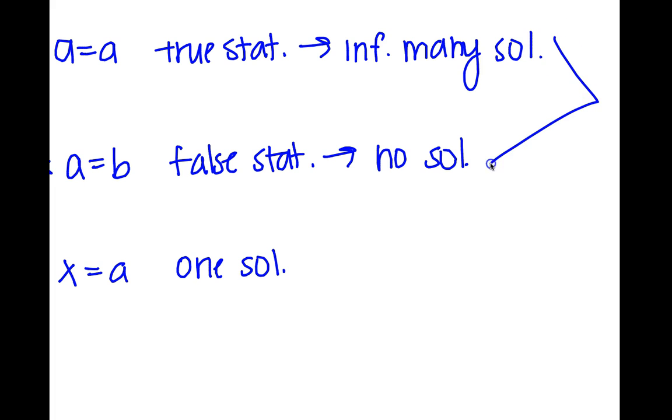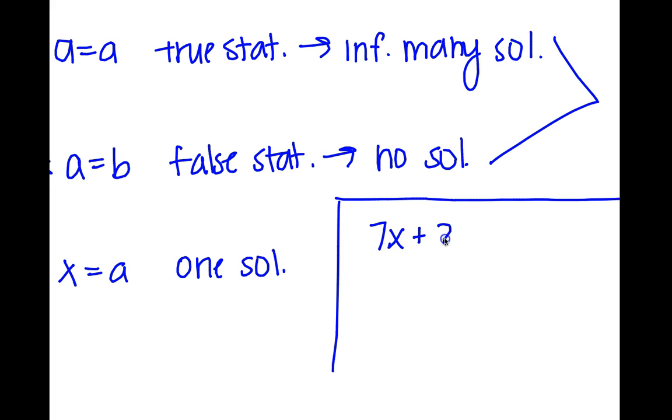So taking another focus on these two, I'm going to write it right here. Essentially, if the coefficients are the same, so for example, 7x plus 3 equals 7x plus 3, since the coefficients are the same and the expressions are equivalent, the answer would be infinitely many solutions.